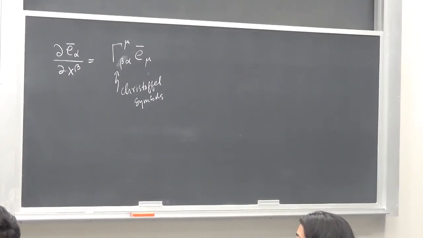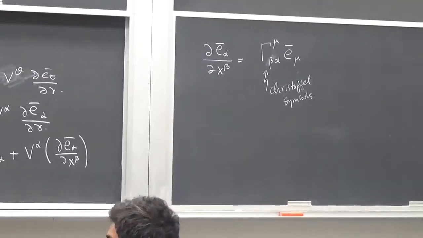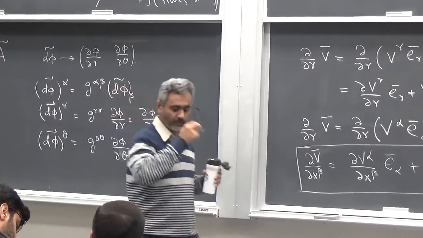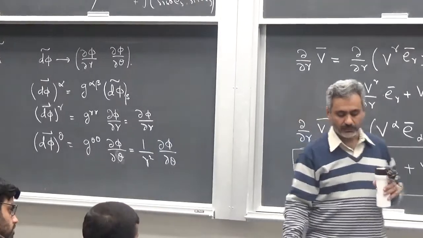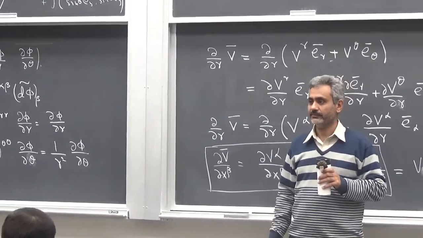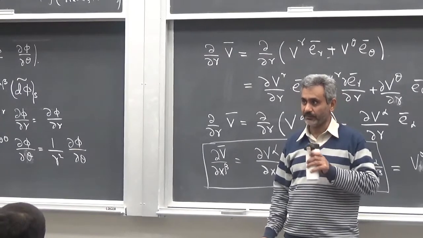Having indices which take on different values doesn't necessarily make them tensors. They need to transform like a tensor.